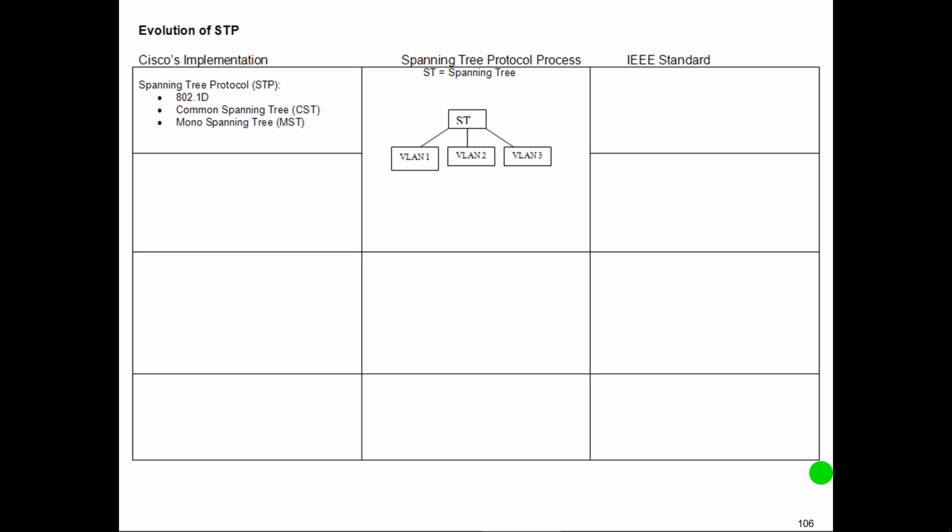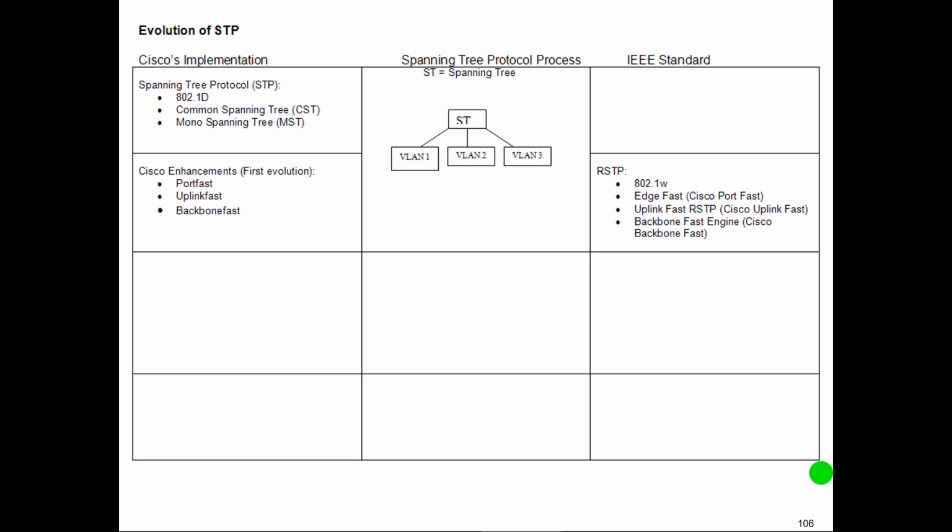So the evolution of STP with our STP legacy 802.1D, that moved things into a common spanning tree or CST, also a mono spanning tree, also known as MST. Cisco's enhancement, the first evolution, was PortFast, UplinkFast, and BackboneFast.